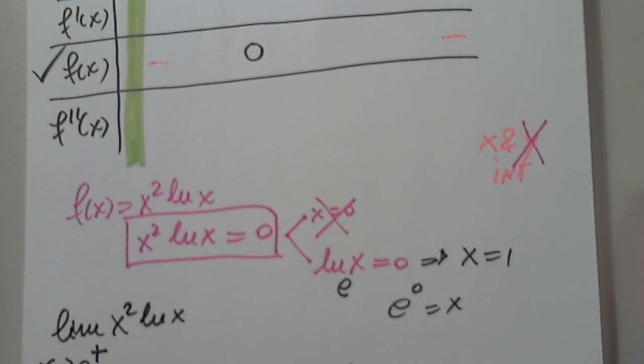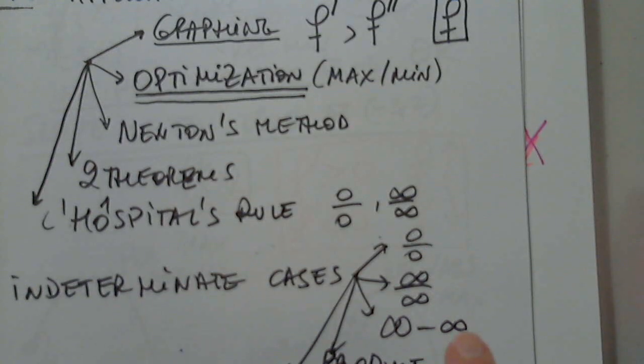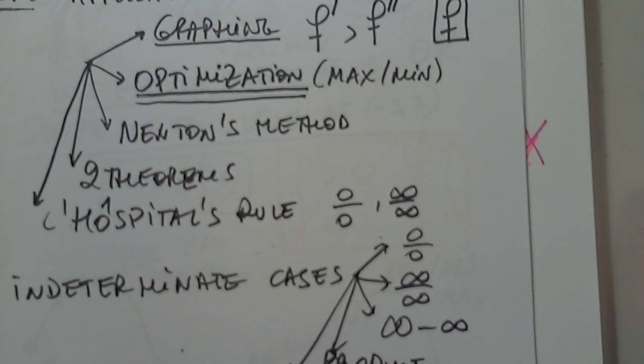When x approaches 0 from the right, this approaches 0, and this approaches negative infinity. This is one of the indeterminate cases. If you remember last time, I listed here 2 ratios, 1 difference, and 1 product.